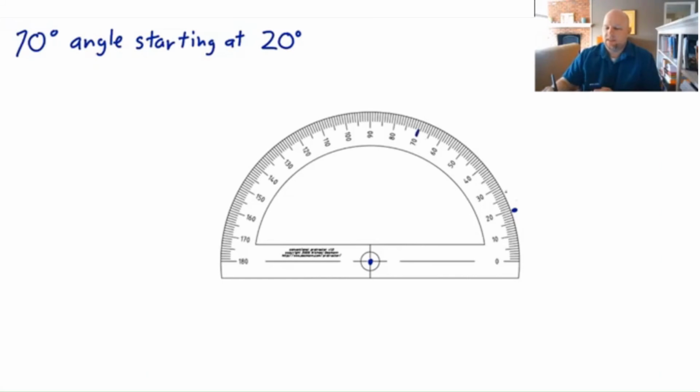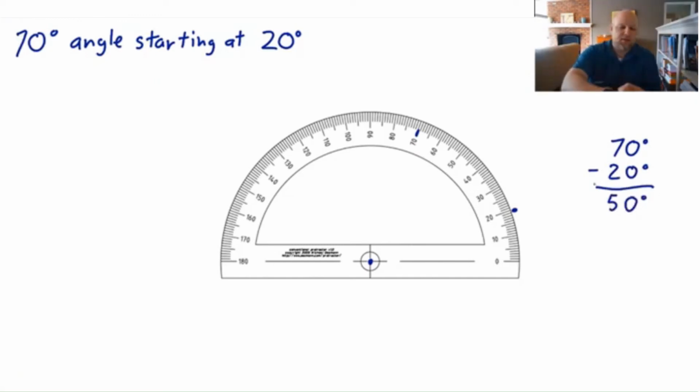If we moved up to 70 degrees, that angle that these two rays would make from the vertex would not be 70 degrees, since 70 degrees minus 20 degrees equals 50 degrees. But what we're looking for is a 70-degree angle.